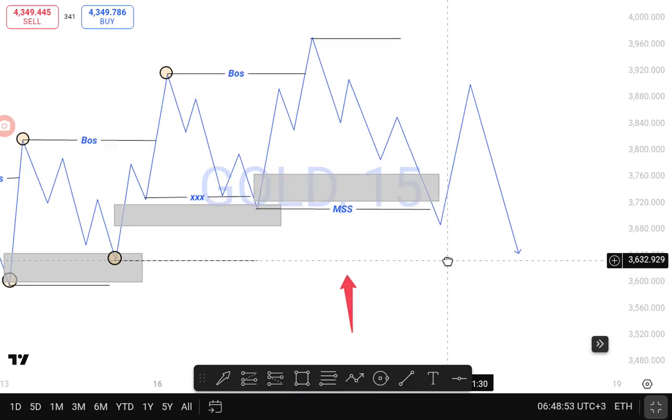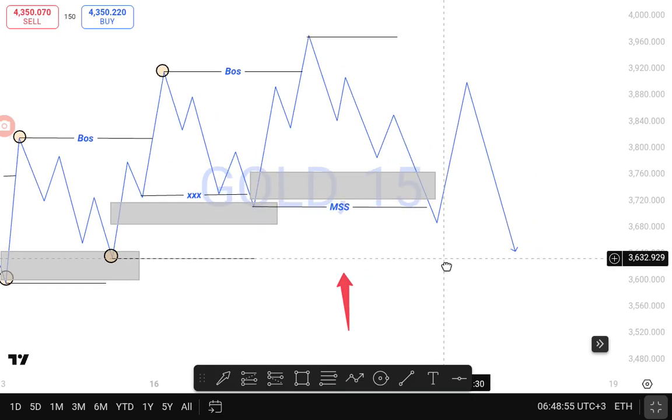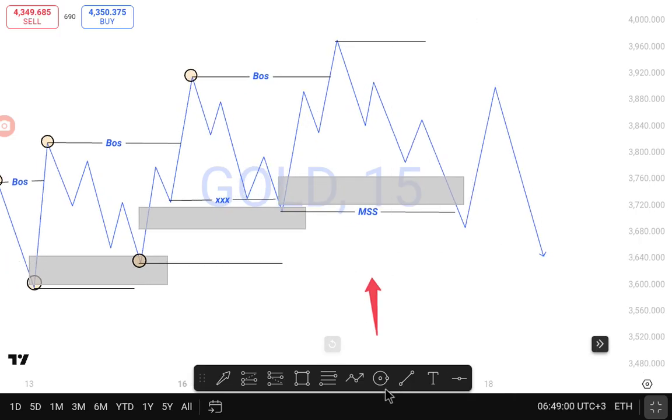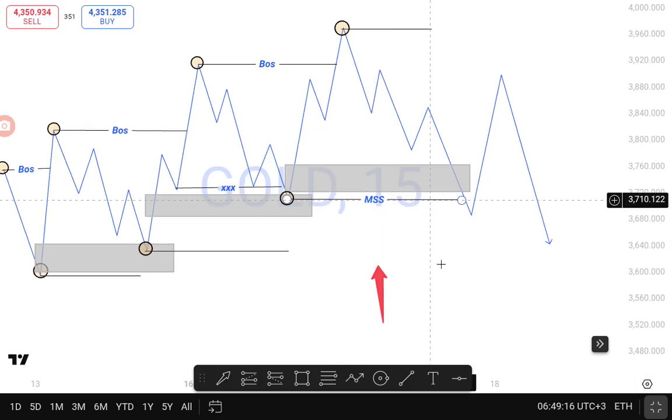The market has shifted on you, and that is really okay. You take a loss. Look, those are external.